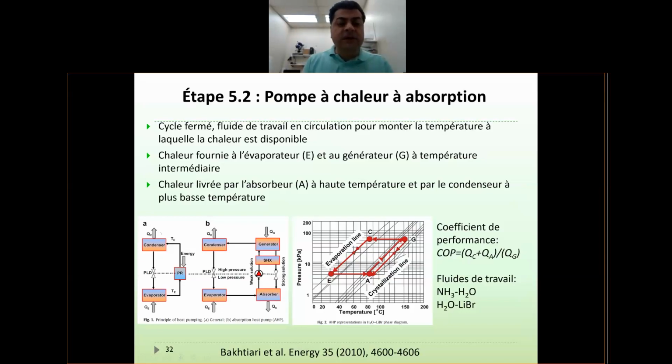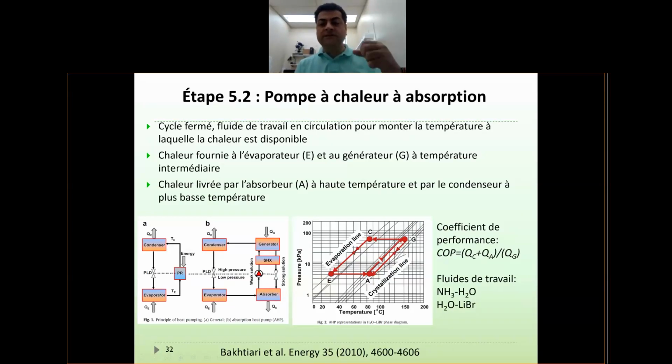Typically, if you look at this picture on the left hand side, a heat pump is a kind of device, a kind of equipment, where you take some heat at a low temperature.